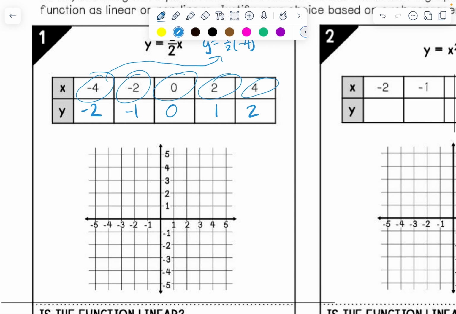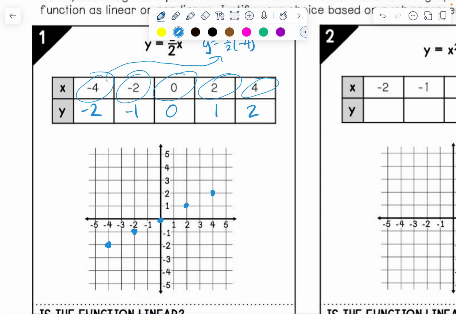Okay. So remember to slow the video down because I'm doing this really fast. So -4, -2 would be here. -2, -1 here. Wait. That doesn't really fit. No, maybe it is right. Okay. And then 2, 1. And 4, 2.